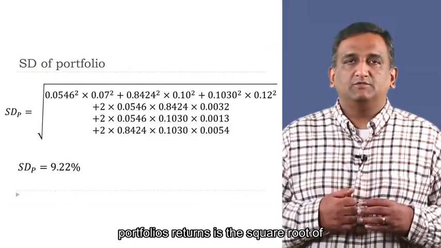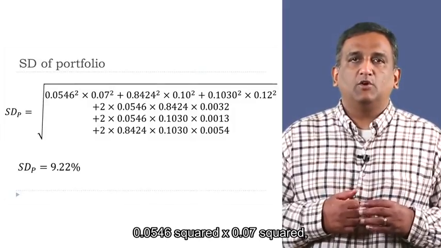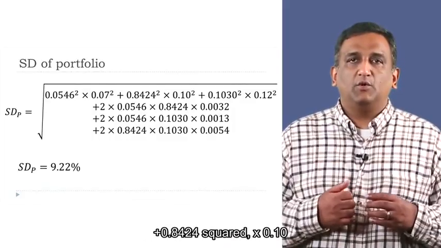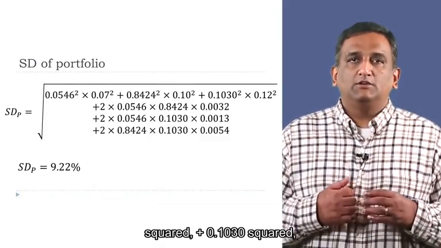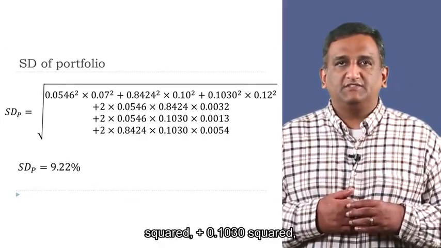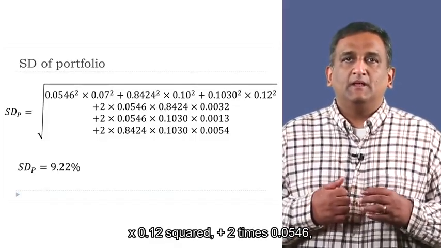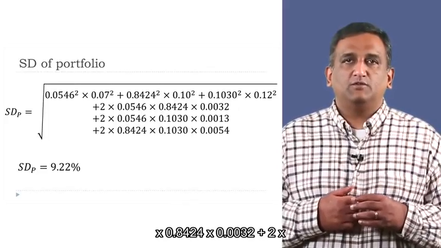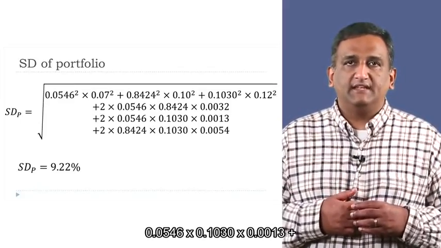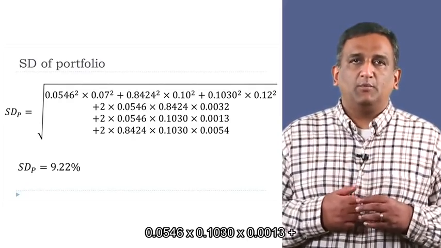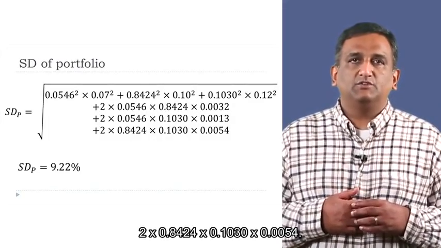The standard deviation of the market portfolio's returns is the square root of 0.0546 squared times 0.07 squared plus 0.8424 squared times 0.10 squared plus 0.1030 squared times 0.12 squared plus 2 times 0.0546 times 0.8424 times 0.0032 plus 2 times 0.0546 times 0.1030 times 0.0013 plus 2 times 0.8424 times 0.1030 times 0.0054.